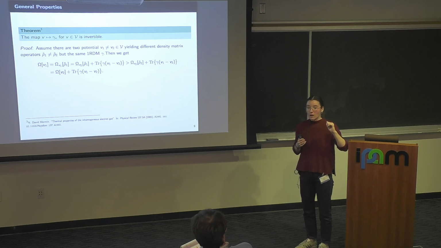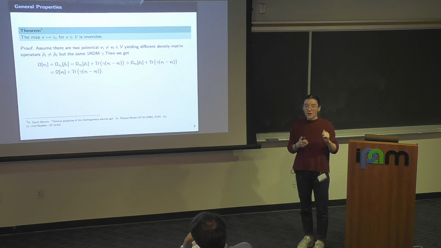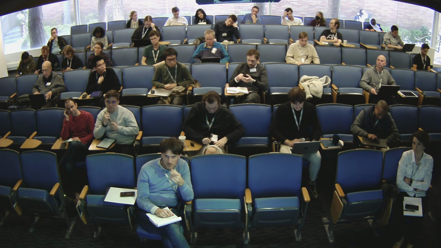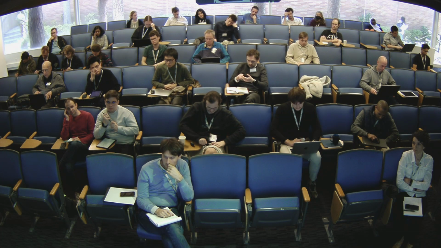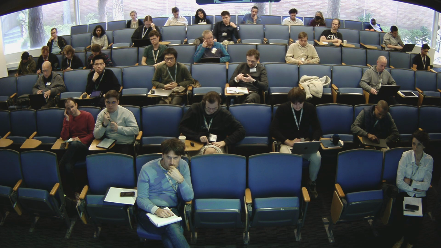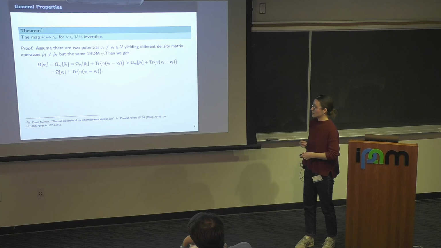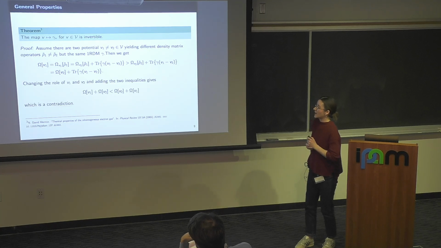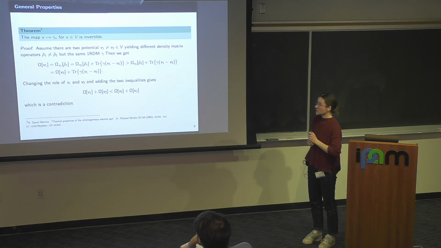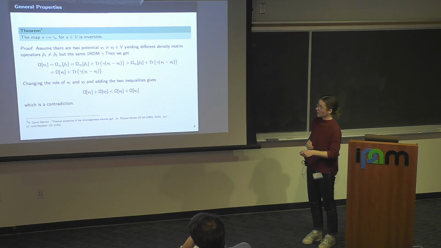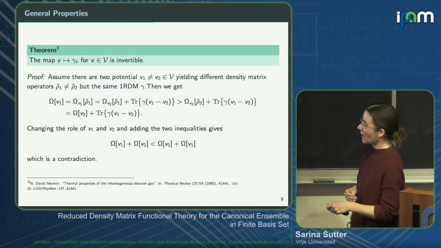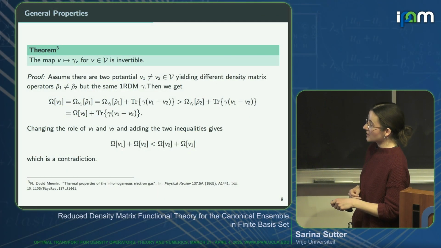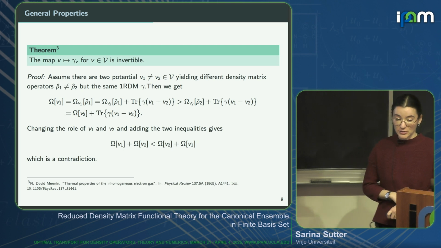Because it's strictly convex, right? If it were not strictly convex, it could be not injective. Yeah, you're right. And then if we change the roles of V1 and V2, and we add the two inequalities, then we get the contradiction.